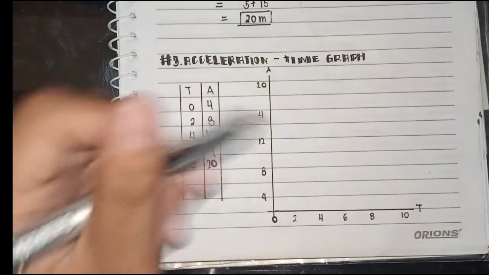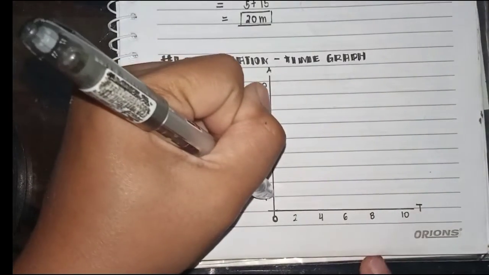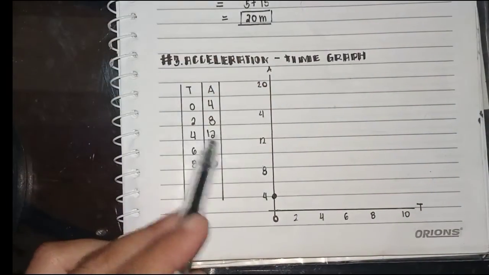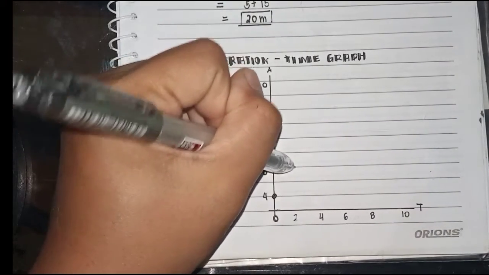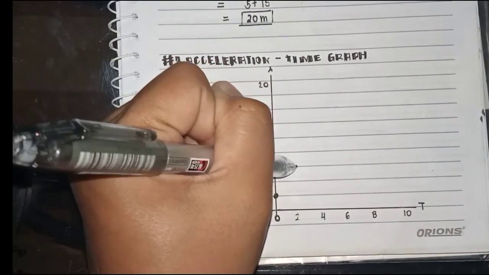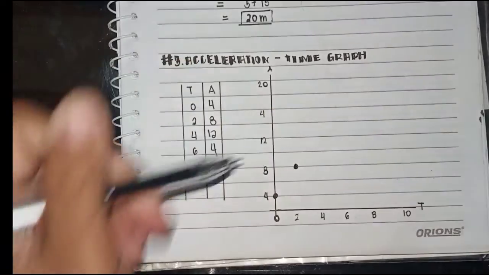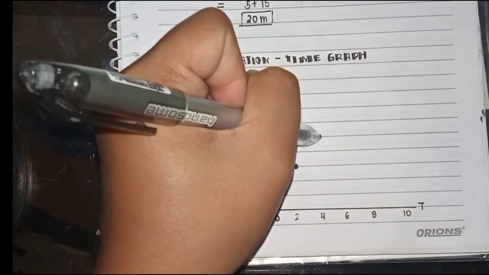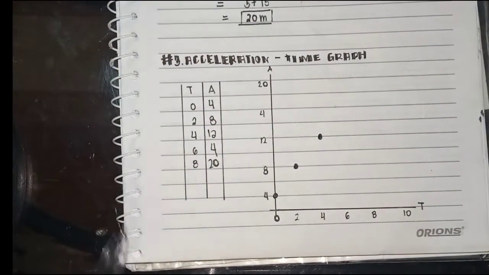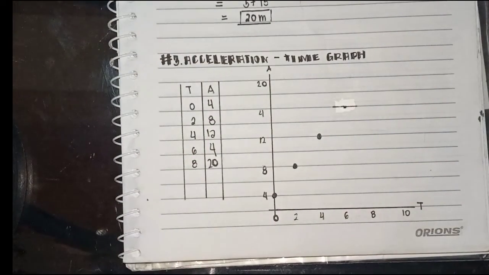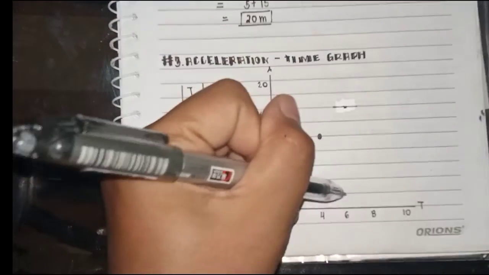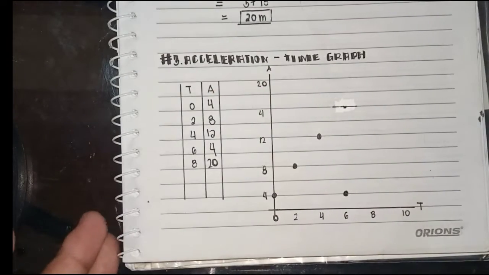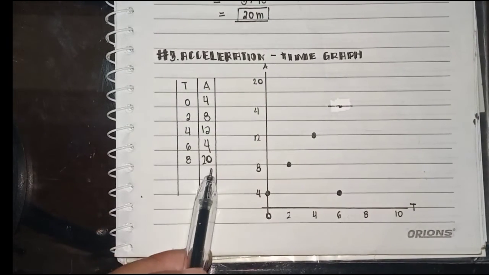Let's plot this. 0, 4. 2, 8. 12. 6, 14. Lastly, 8, 20.